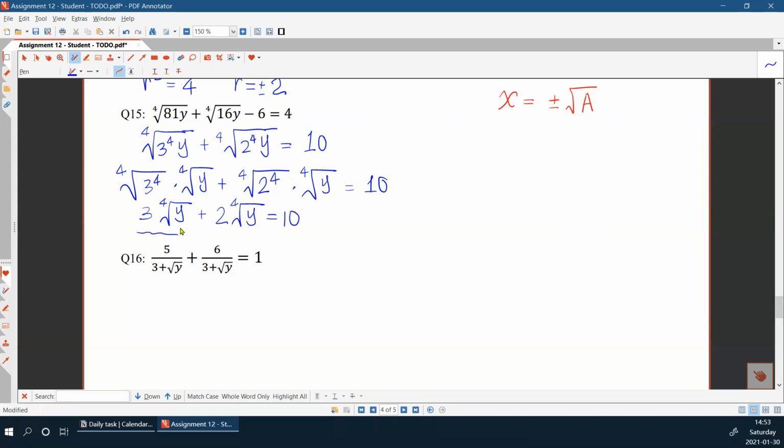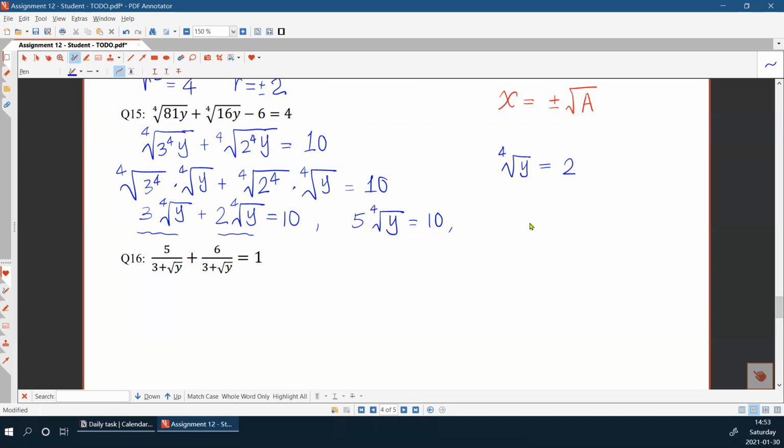And then here you have 3 times fourth root of y and 2 times fourth root of y. This gives you 5 times fourth root of y, right? And this number is 10. So this gives you actually fourth root of y is how many?